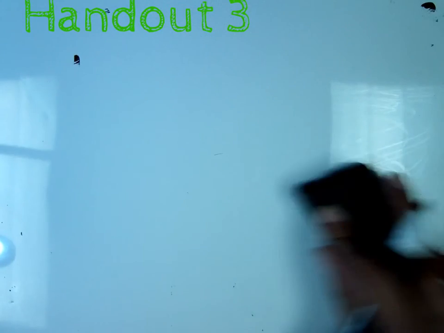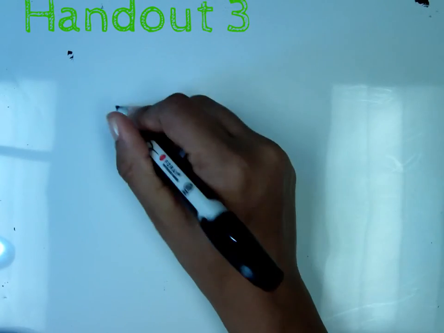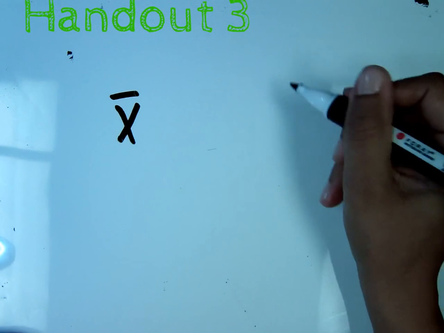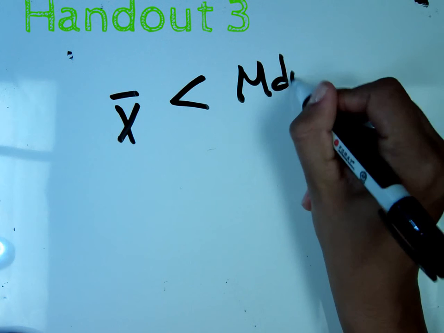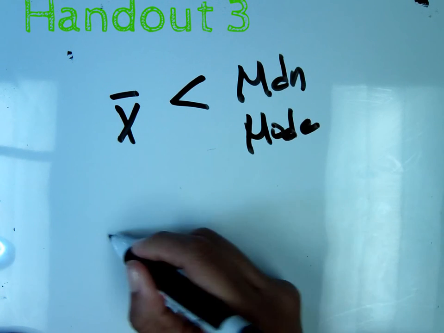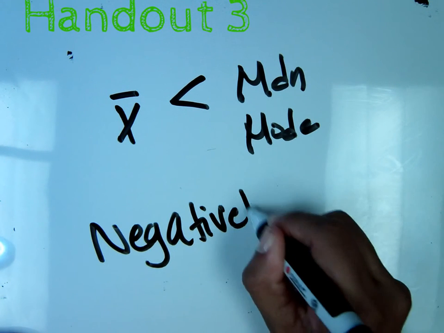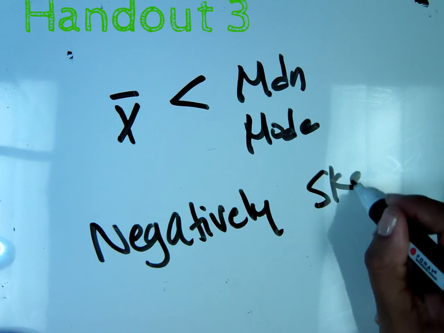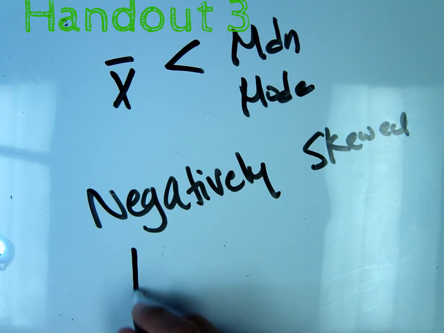Unlike a negatively skewed distribution. In a negatively skewed distribution, you just kind of have to remember, where is the x bar in relation to the median and the mode? And when the x bar is less than the median and the mode, this is considered negatively skewed. And it's just simply going to look like this.